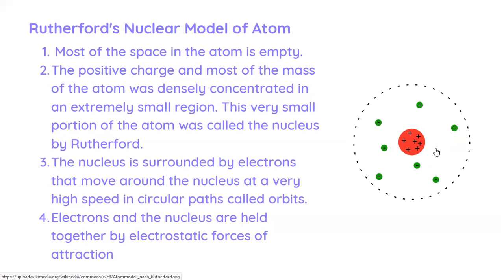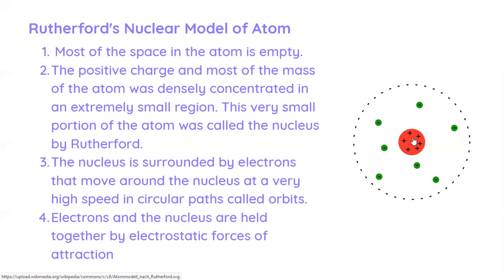So the electrons will lose energy, keep going round and round, and then end up falling inside the nucleus. That will lead to the collapse of the atom.